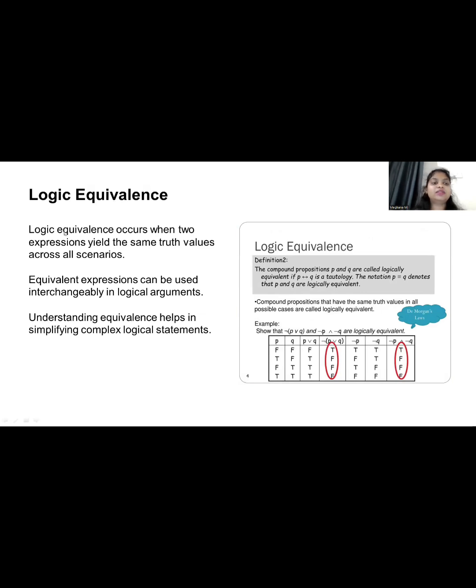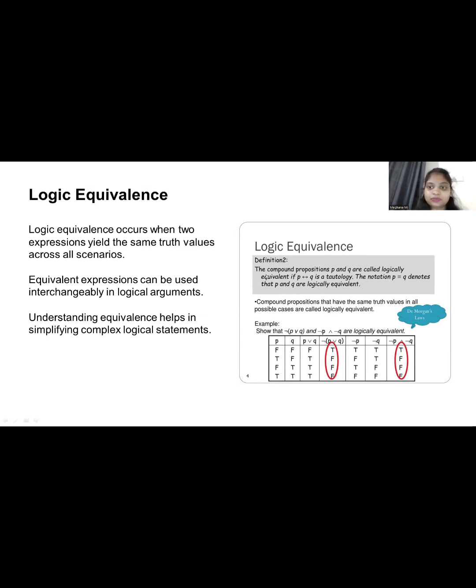The logic equivalence. Logic equivalence occurs when two expressions yield the same truth values across all scenarios. Equivalent expressions can be used interchangeably in logical arguments. Understanding equivalence helps in simplifying complex logical statements.